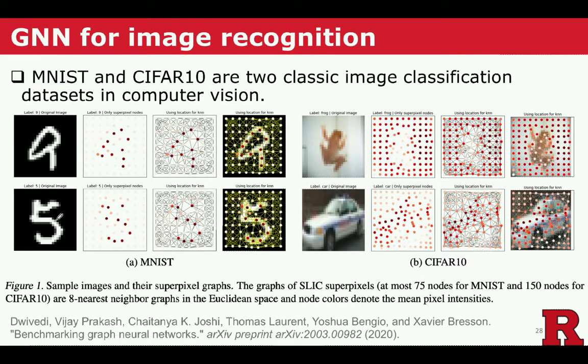For each image example, those researchers built a k-nearest neighbor adjacency matrix based on the 2D coordinates of the superpixels. So in this figure, these are the graphs using the 8 nearest neighbors. This is the example image, and this is the corresponding superpixel graph. The node colors here denote the mean, the average pixel intensities.